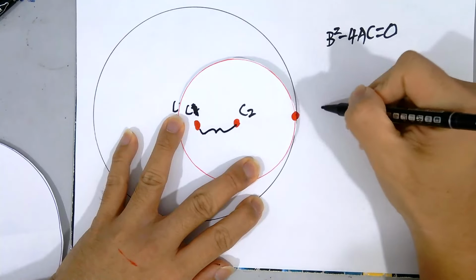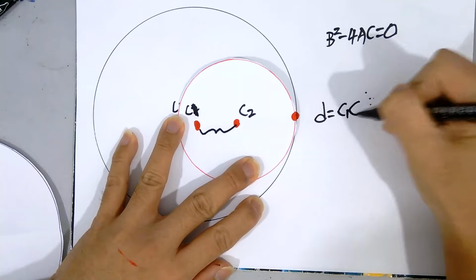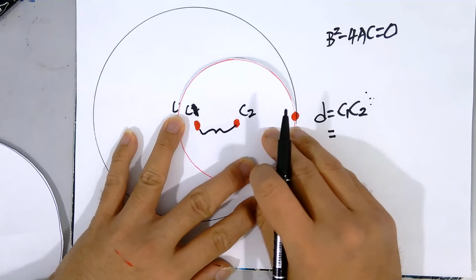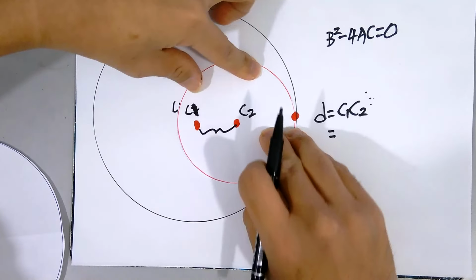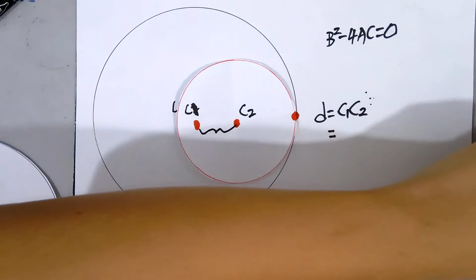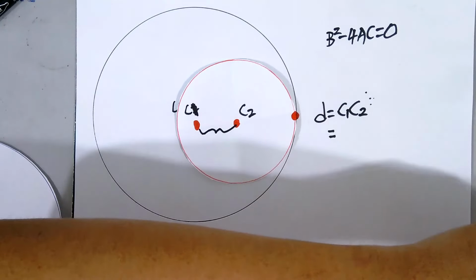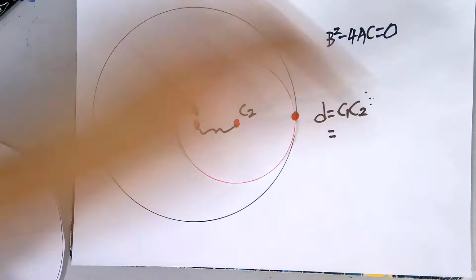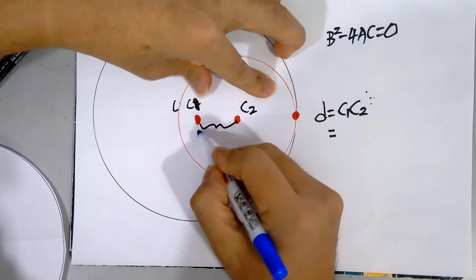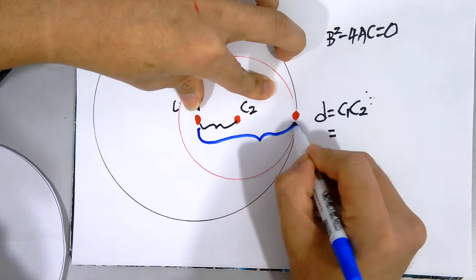So the distance between the two centers, C1 and C2, can be described as the difference between... okay, this is the big circle, right? So definitely there is a radius for the big circle, from the center to the contact point here.